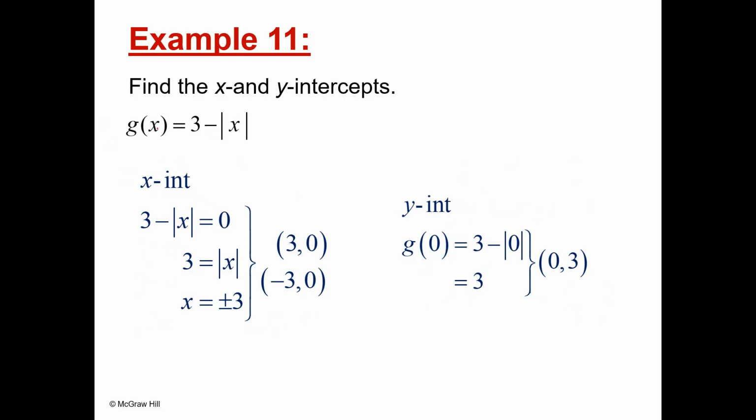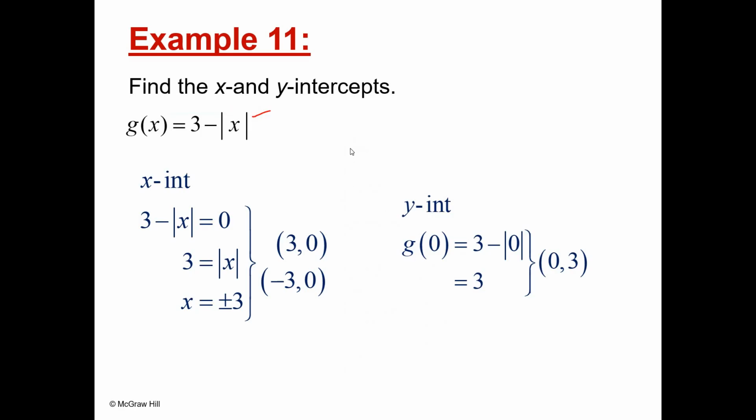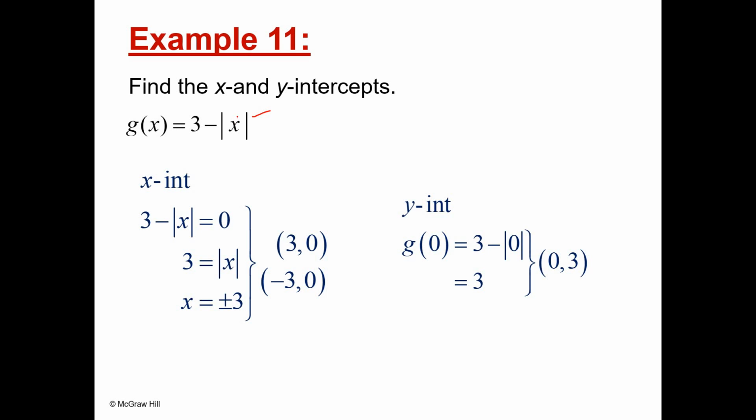In example 11, g of x is equal to 3 minus the absolute value of x. The absolute value means if you replace a negative number in x over here, it will change it to a positive number.